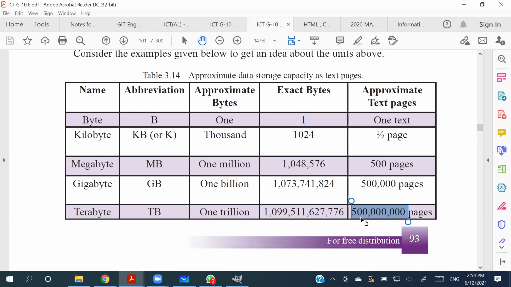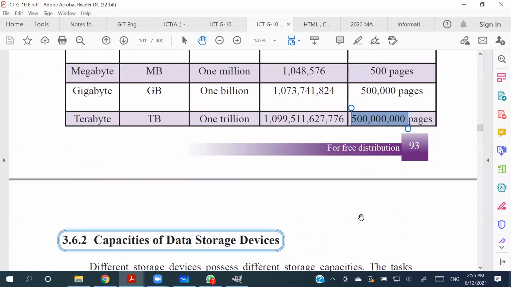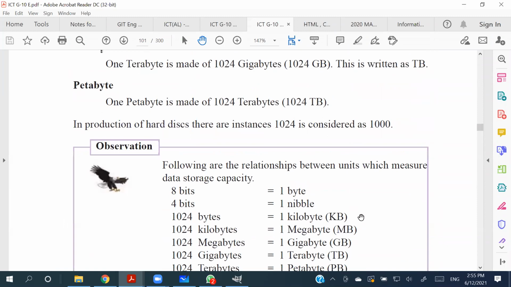Think of it in A4 sheets. An A4 sheet bundle has 500 sheets. So that's like a million such bundles, or 10 lakh. Right? It's a very huge space. Okay, so that is how the capacity works, right?